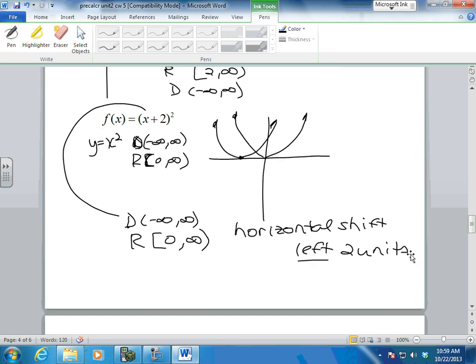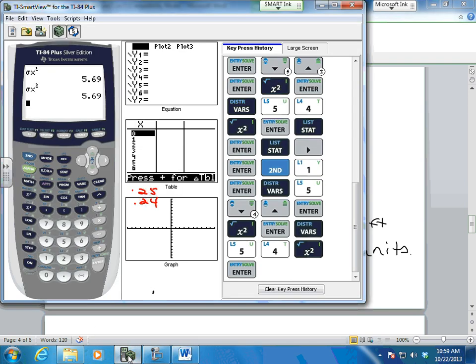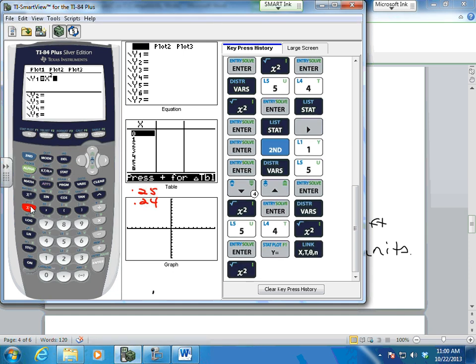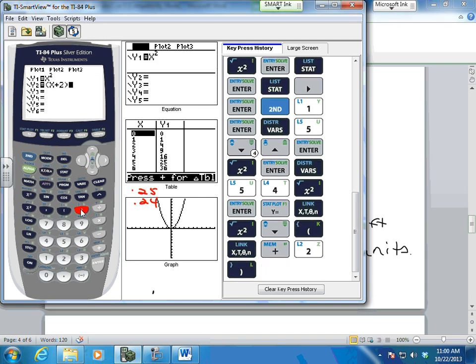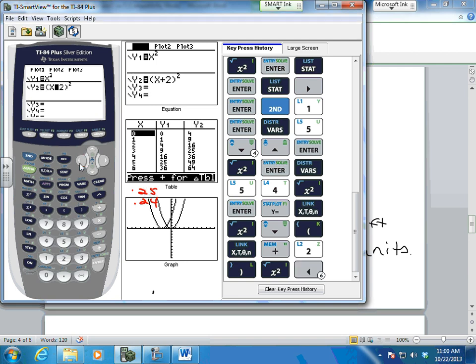You know, a lot of these you can put in your calculator. That's good. Whenever you're working off of this, let me just put one in your calculator here. Go like this, watch. Here's my parent function, x squared. Here is my new function, x plus 2 squared. Now, bring this cursor over to here where this line is and make it dark.